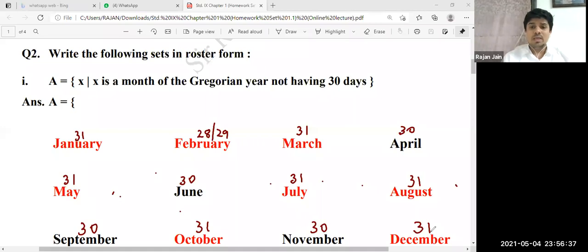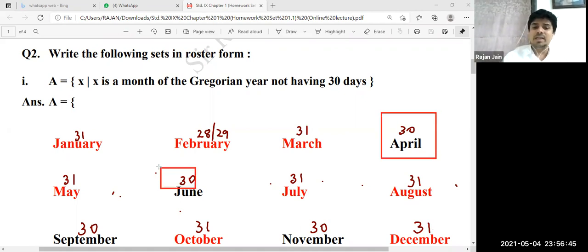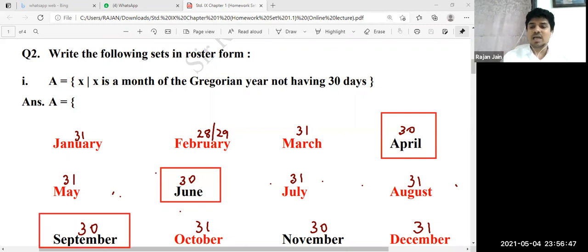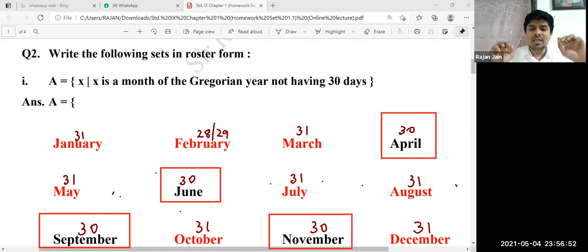Now, not having 30 days. So which are the months that do not have 30 days? Okay, here. Months having 30 days. Can I say the ones which I have boxed are the months having 30 days? So leaving the months that I have boxed, everything else will come in the collection.